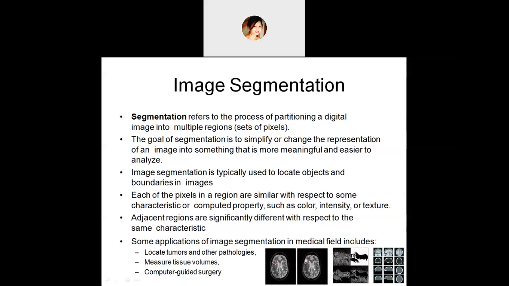That is, you are dividing the image into parts, and then pixels having similar properties are grouped together to form one region. That will come across again, that is region based segmentation.